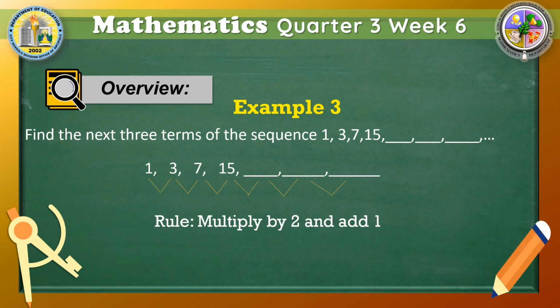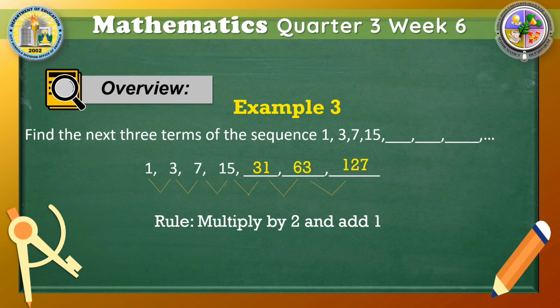Solution: 1 times 2 plus 1 is equal to 3. 3 times 2 plus 1 is equal to 7. 7 times 2 plus 1 is equal to 15. 15 times 2 plus 1 is equal to 31. 31 times 2 plus 1 is equal to 63. 63 times 2 plus 1 is equal to 127.